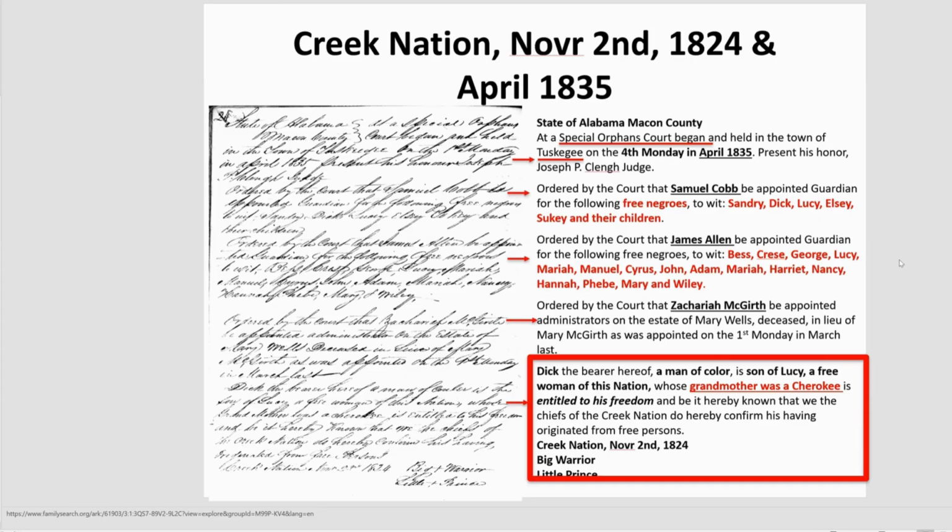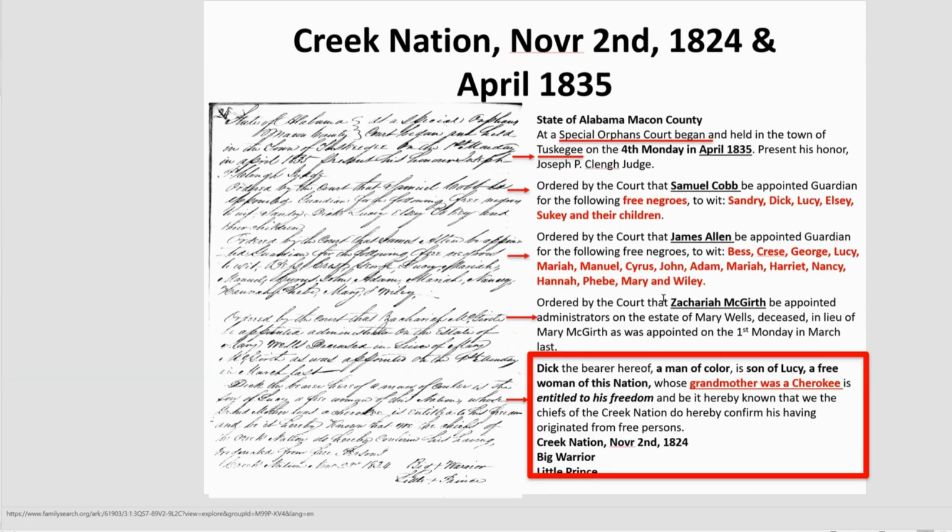Okay, until you see something like this, which is factual. And this is 1824, which means they are still living on the land. This is before the Trail of Tears. We're seeing Native Americans who are identified as free persons of color, not of Indian origin, who were free.